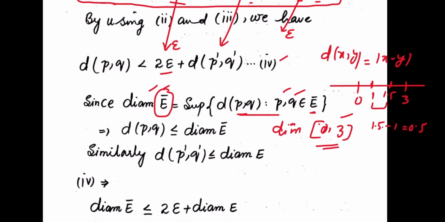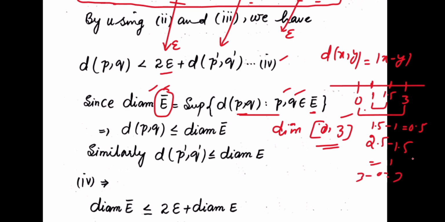So this is 1.5 minus 1, this is 0.5. Similarly, I can find, suppose my second point is 2.5 and now I take 1.5. This gives the distance is 1. So I can find infinitely many points from this interval, and I can find their differences. What is the largest difference? The largest difference is given by these 2 points, 0 and 3. That is 3 minus 0.